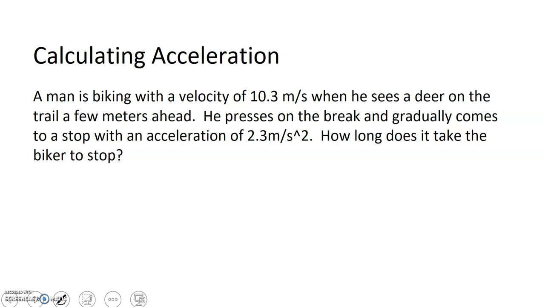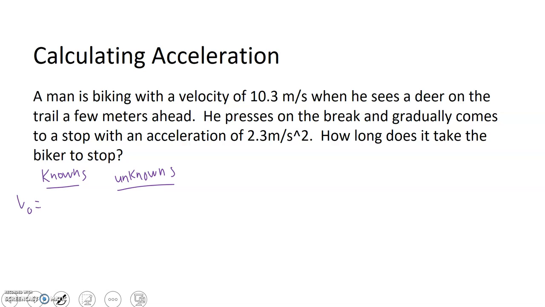We have one more example to do together. A man is biking with a velocity of 10.3 meters per second when he sees a deer on the trail a few meters ahead. He presses on the brake and gradually comes to a stop with an acceleration of 2.3 meters per second squared. How long does it take the biker to stop? We'll list our knowns and our unknowns.